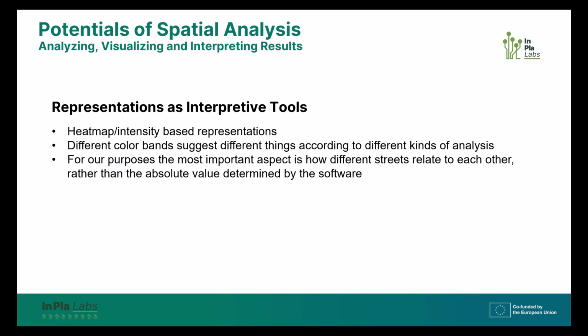As you saw in the examples that Walid showed before, many of the representations have this kind of heat map visualization. Different color bands suggest different things, and there are different kinds of analysis. It's important to note that we don't read these maps in terms of high scores, let's say. It doesn't necessarily mean that blue is bad and red is good.